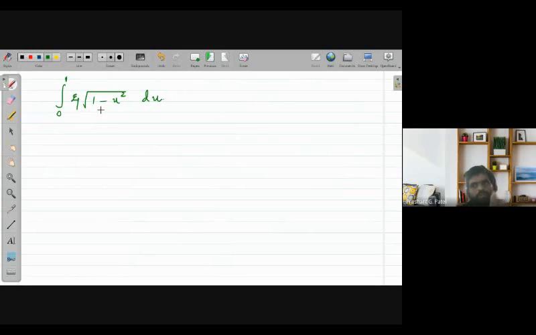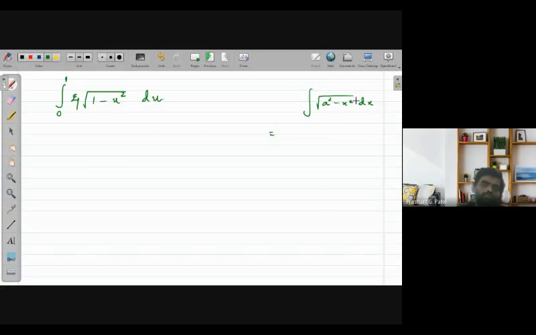We have to calculate this numerically, but for now, does anyone know how to integrate this quantity? Probably you know there is an integration of the form square root of a square minus x square dx. What is the integration of that?